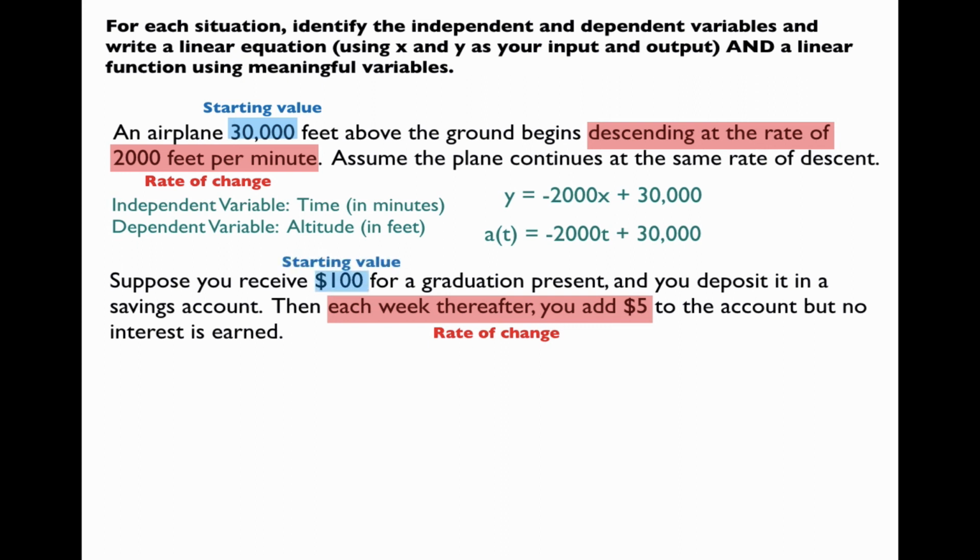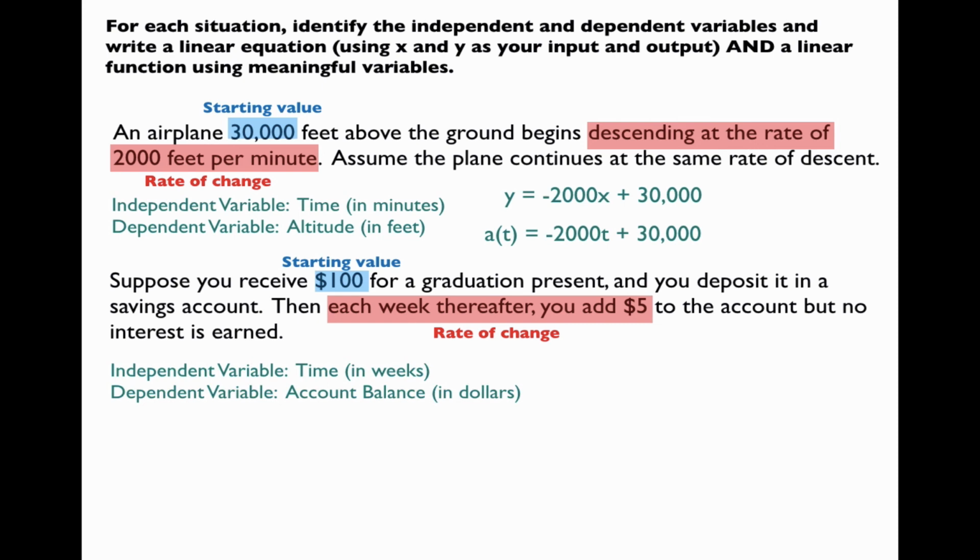All right, so now we can easily identify our independent and dependent variable. If this means $5 per week, then we know that dollars is our dependent variable, weeks is our independent variable. So you could have described the units or the concepts. The independent variable is time in weeks, and the dependent variable, or the account balance, is measured in dollars.